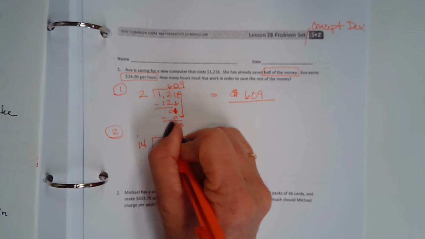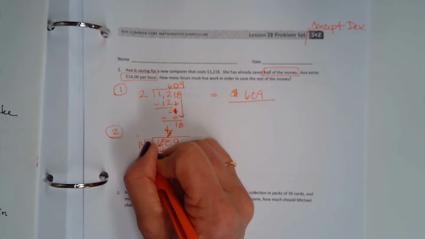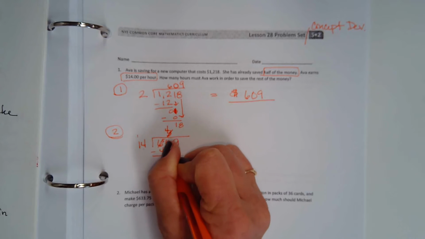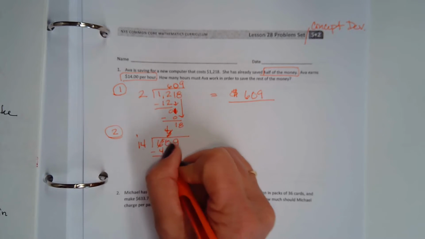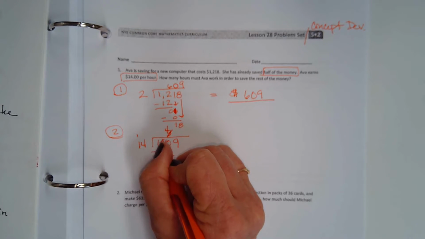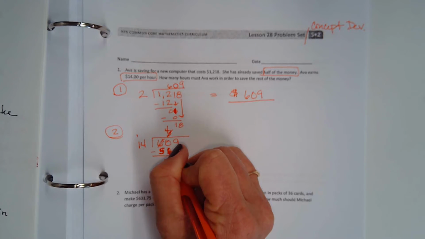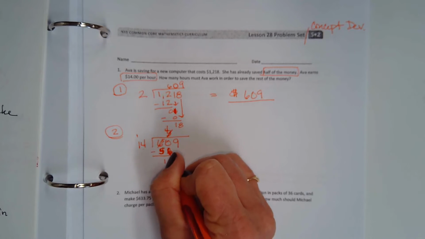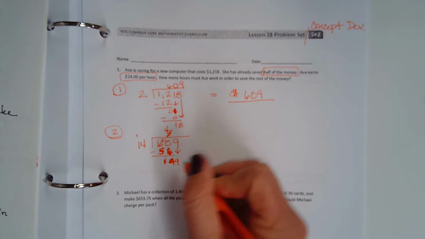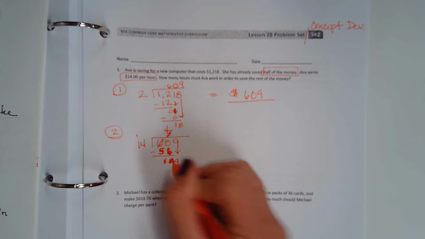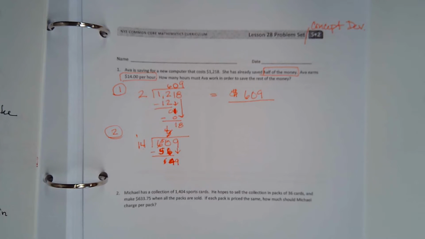So now we're going to go to 4. 4 times 4 is 16. 4 times 1 is 4 plus 1 is 5. Now we're closer. 60 minus 56 is 4, right? Bring down the 9. How many times will 14 go into 49?